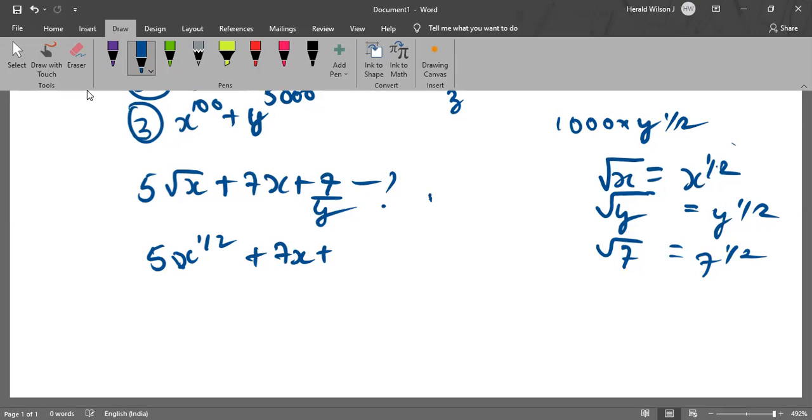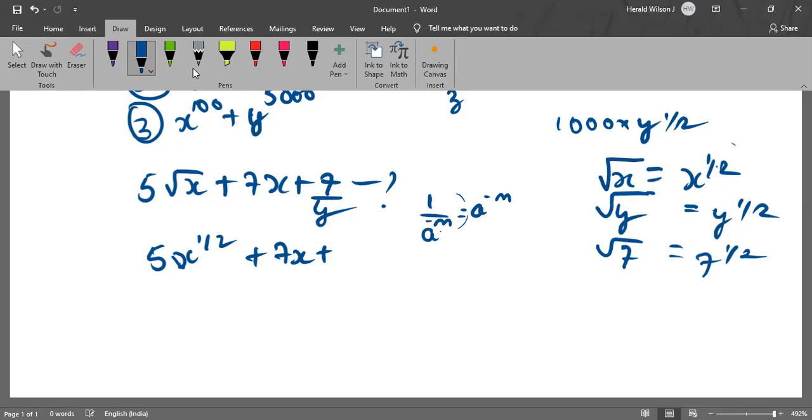Any number which is in the denominator, suppose a raised to m, when I bring this a raised to m to the numerator, what will happen? It becomes a raised to minus m. The sign will reverse.